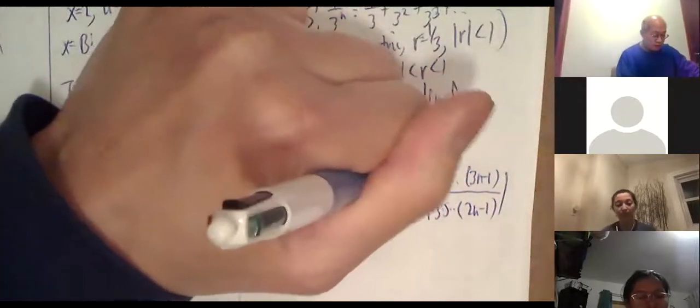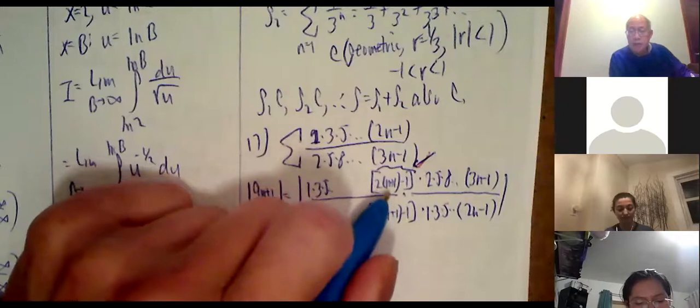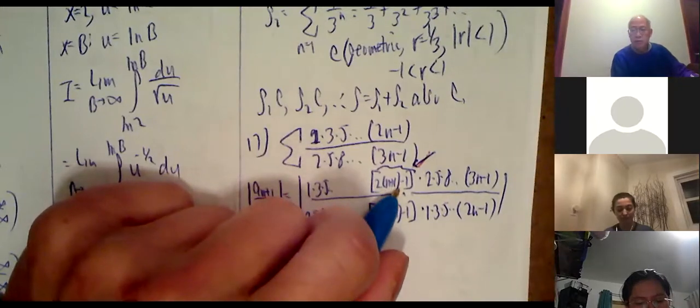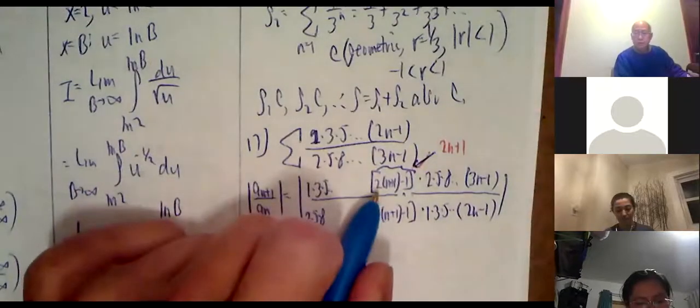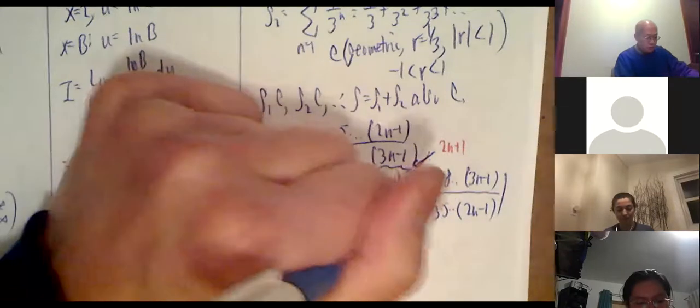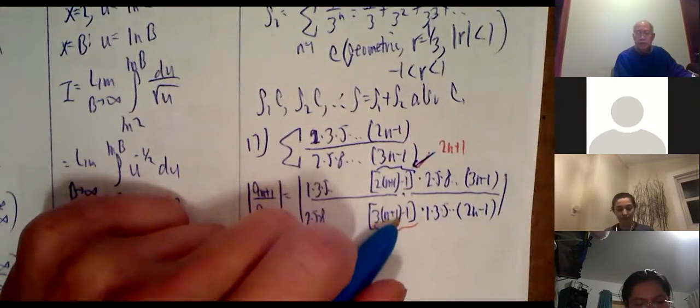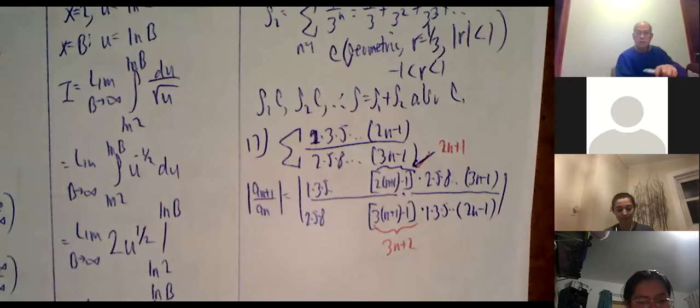Okay, now here's the key thing. I'm running out of space here. This thing right here, 2n plus 2 minus 1, right? 2n plus 1. One more time, it's 2n plus 2 minus 1. How about this stuff? 3n plus 3 minus 1, 3n plus 2.